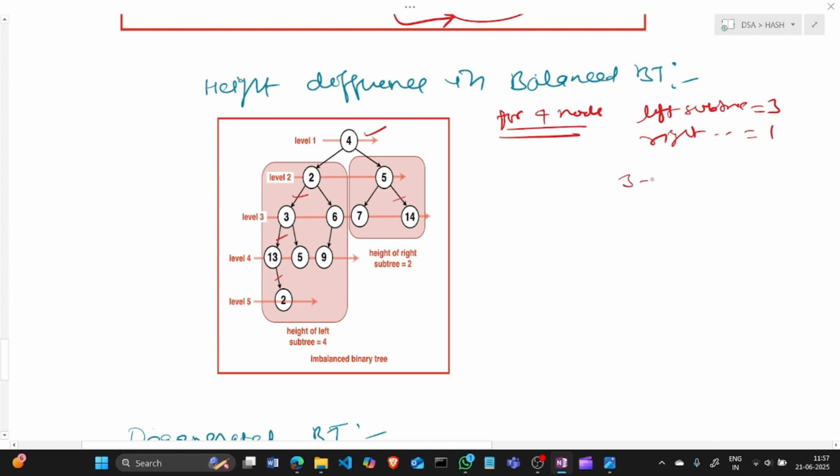The difference should be at most 1, but it is not, so it is not a balanced binary tree for node 4.